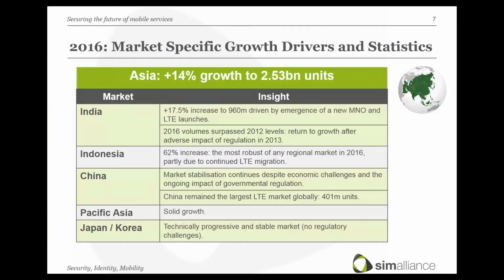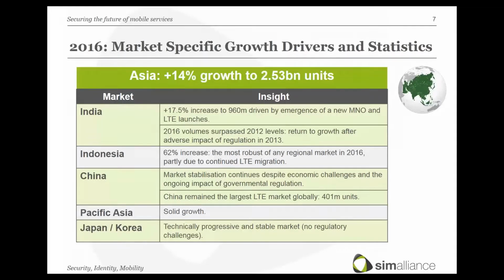We start with the big winning region, Asia, plus 14%. And we see here as first country with absolutely fascinating dynamics, India, with an increase of more than 17% to 930 million.